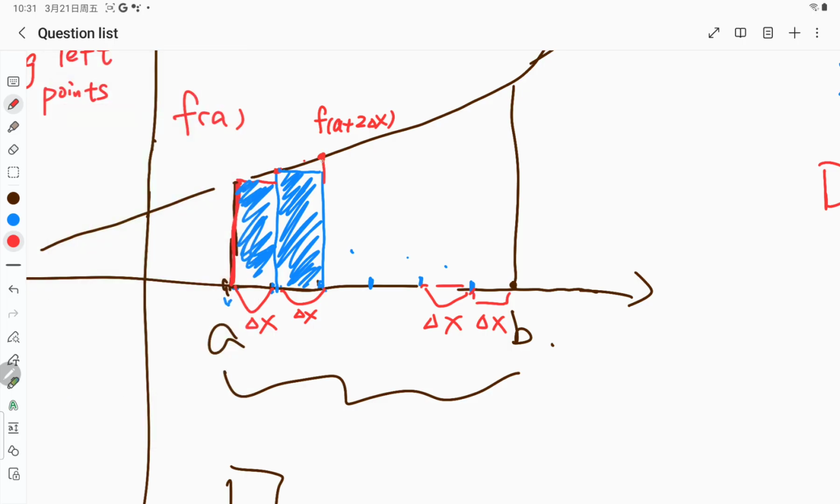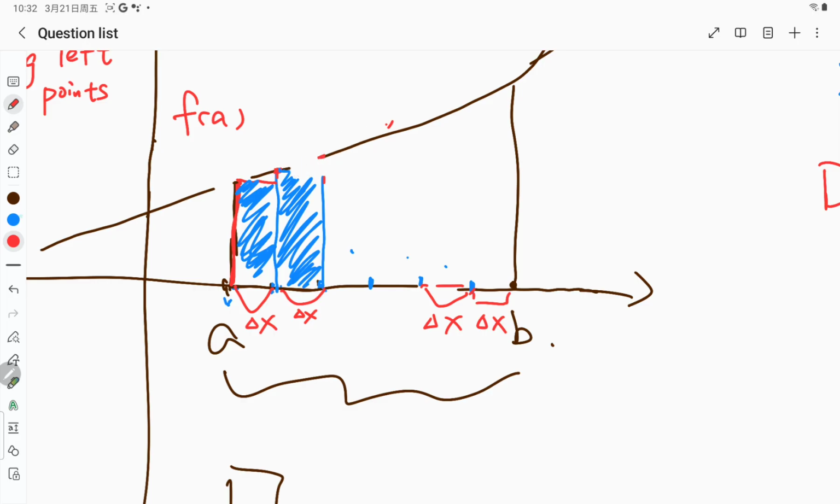We will see the rectangle will be taller, right? So the area will be more. If this rectangle is taller than the curve, then the area that we calculate for the Riemann sum will be over the area underneath the curve, right? So if you got confused, it's totally fine because we're going to keep drawing.